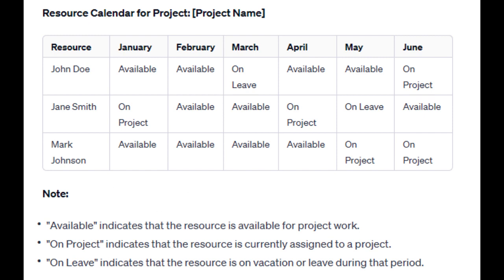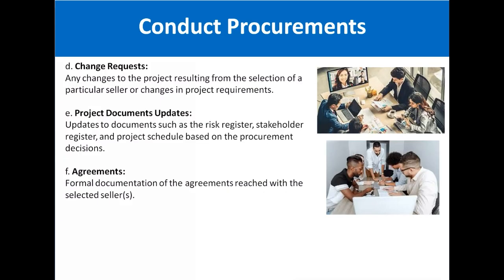For example, in January 5 resources will be available, in February 8 resources will be available. Resources from your side may also be required, and obviously resources from the vendor side will be required as well.